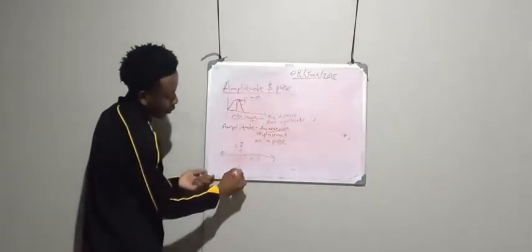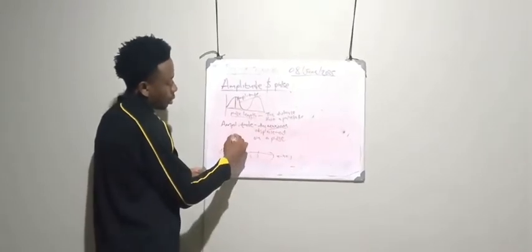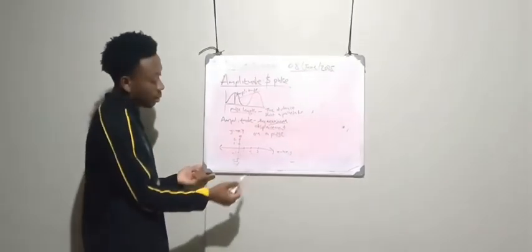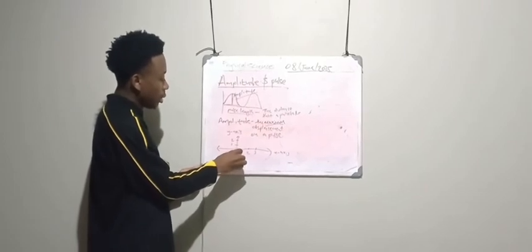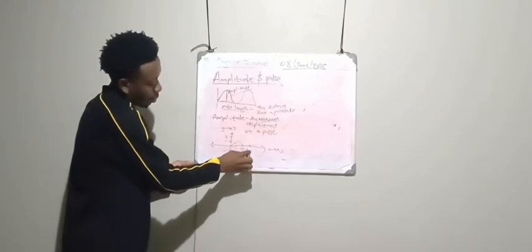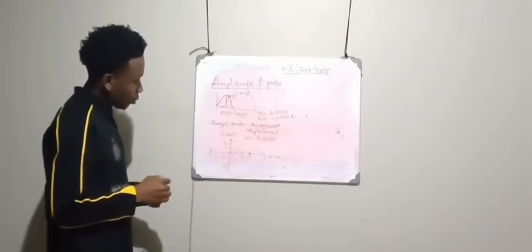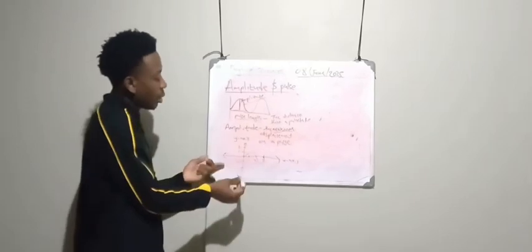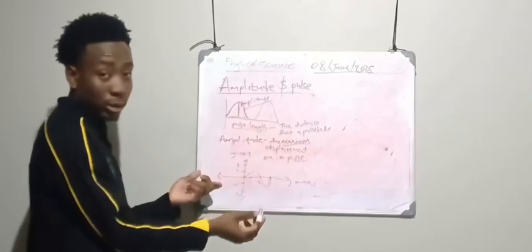This is our x-axis. This is our y-axis. And we're given a path, say it moves from rest, from here to here to here. So, for example, we're given our graph here, which demonstrates our pulse movement.